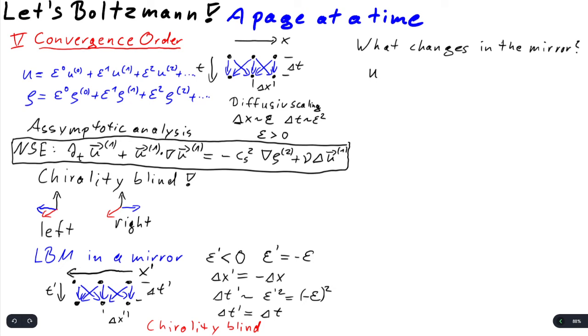If we put everything in the mirror, then the original velocity will become minus the previous velocity. So what is going to the left is now going to the right, right?